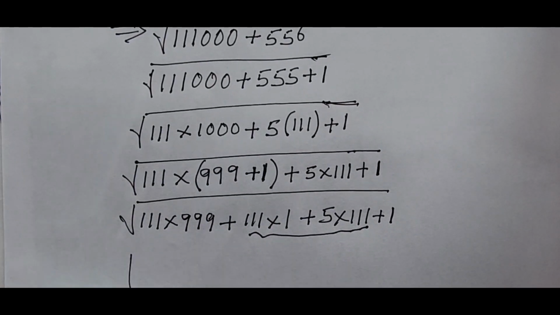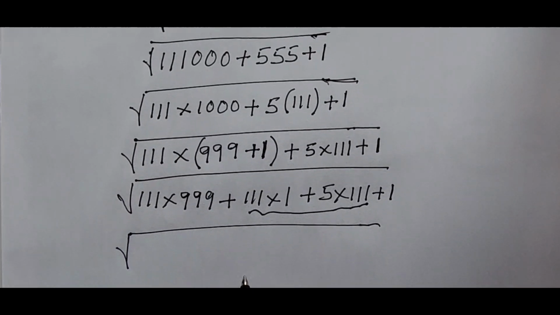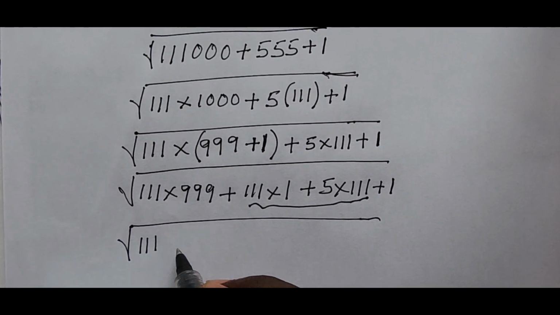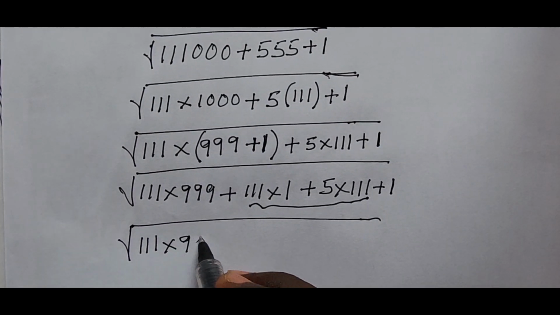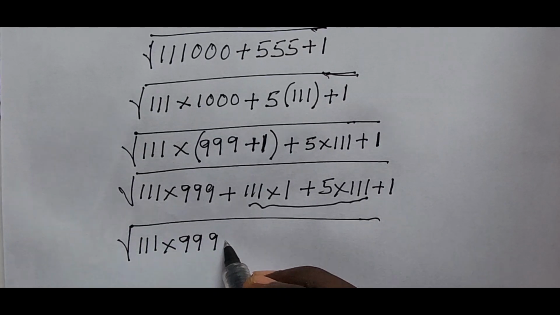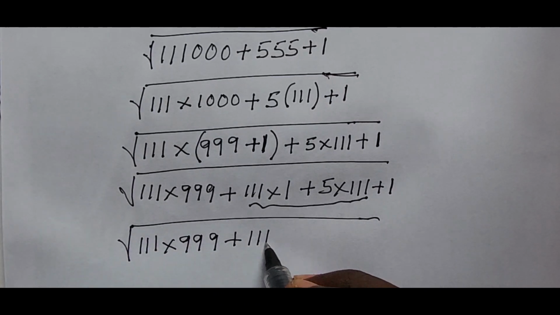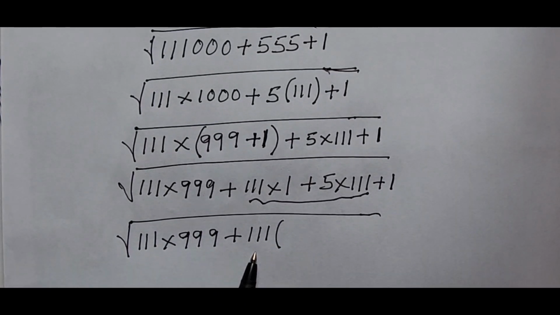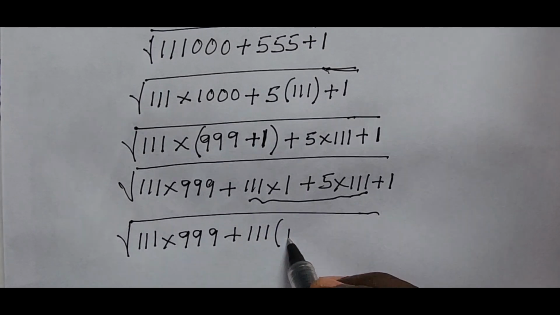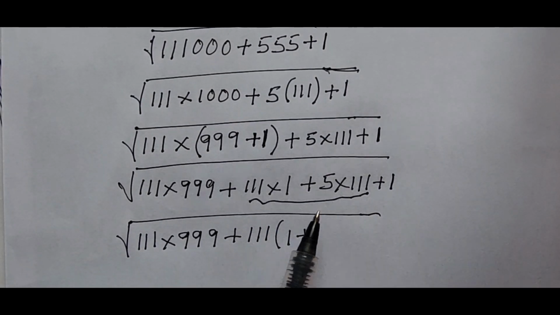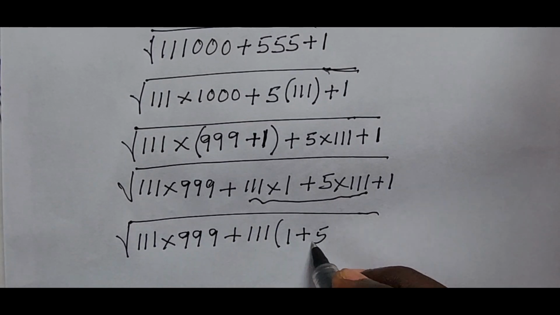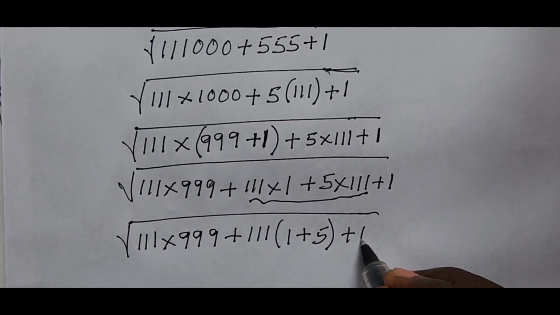If we do that, this is going to give us our square root of 111 times 999 plus our 111 into, if we use 1 to divide this, we are left with 1 plus, we use 1 to divide this, we are left with 5 plus 1.